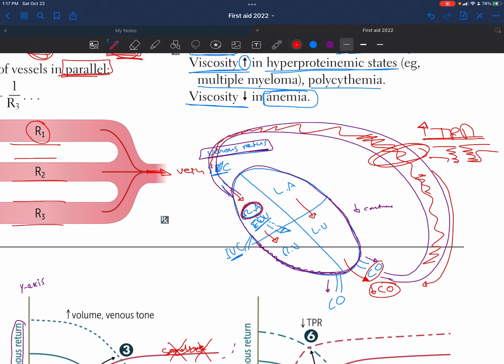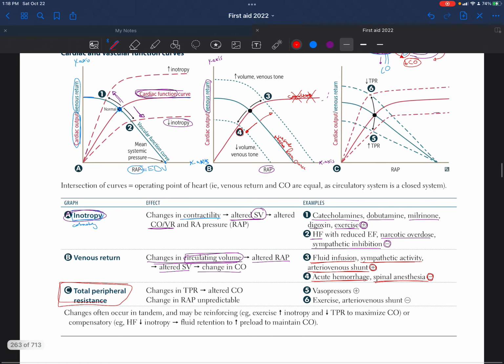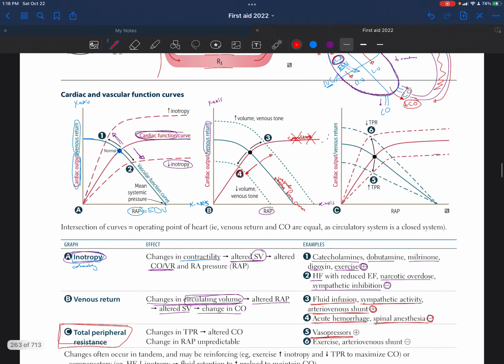So it reduces the cardiac output because we have an increase in the total peripheral resistance. And of course, if we are reducing the cardiac output, then we are reducing the venous return as well.